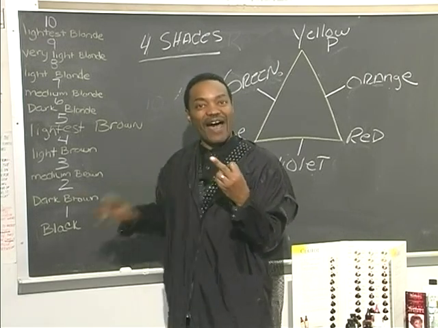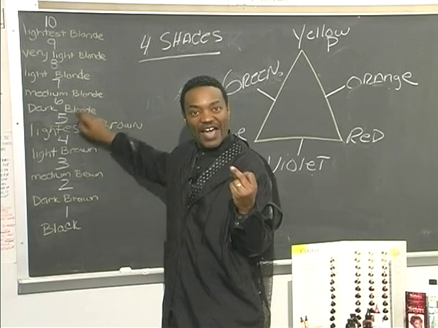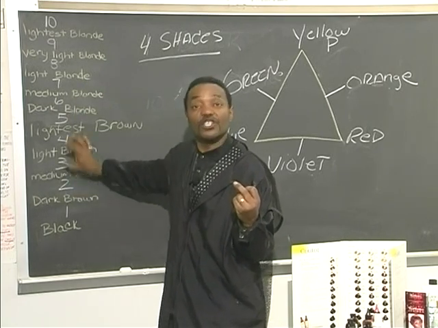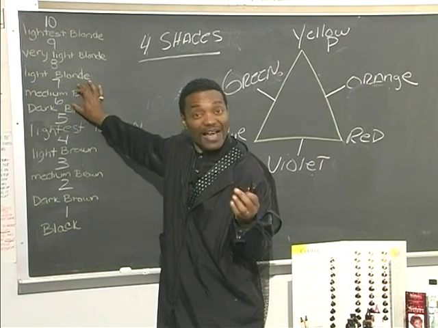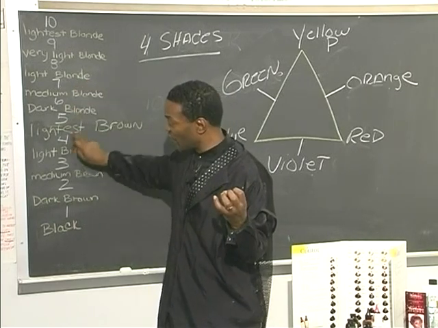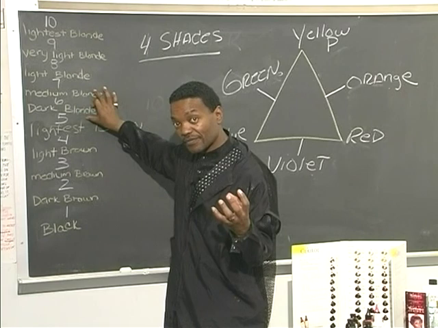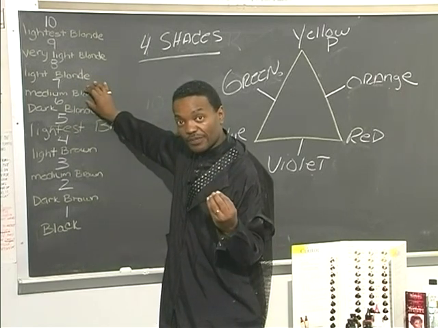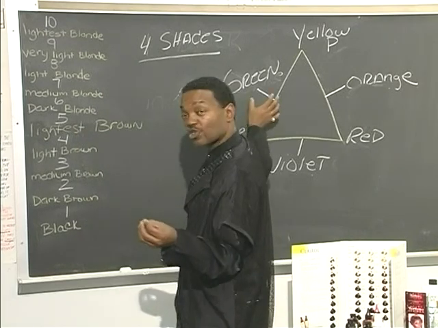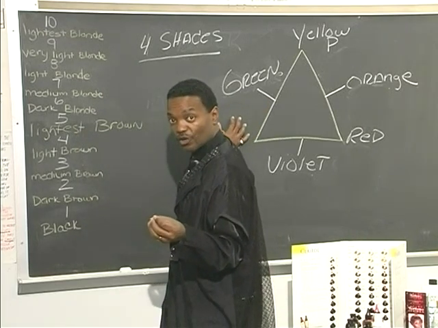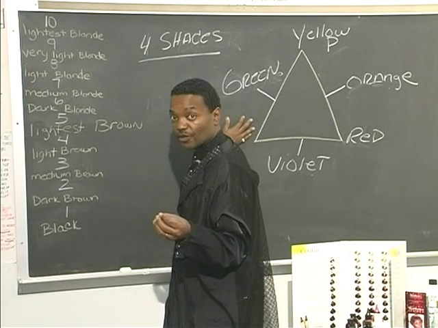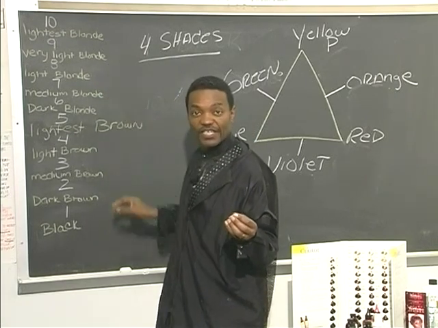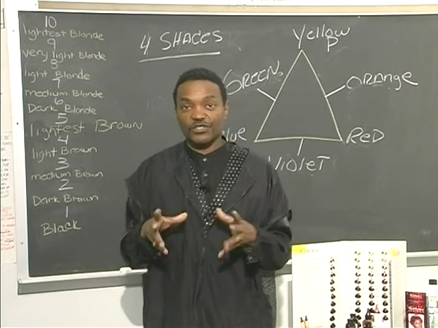If you're trying to go to a higher level, find out how many shades there are from where you started to where you're trying to end up. Remember, there's 4 shades in between each one. This is your formula. After you find out where you're trying to go and how many shades you need to lift, then find the tone that you're trying to go to. If you know the tone you're trying to go to, the shades you need to lift, and the levels you need to go to, then coloring is a cinch.